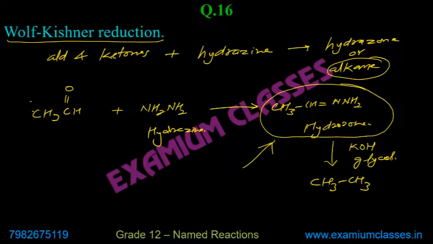Aditya, last was this one, Wolff-Kishner. Now, as I said, Wolff-Kishner is used for both. The complete reaction obviously is still alkane, but it is used for both, for hydrazone or further to alkane.